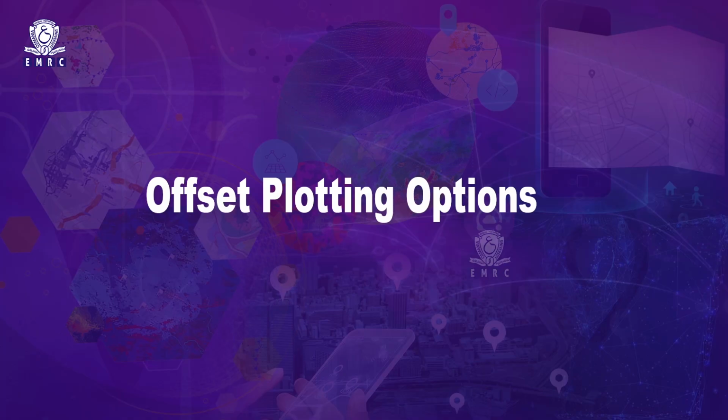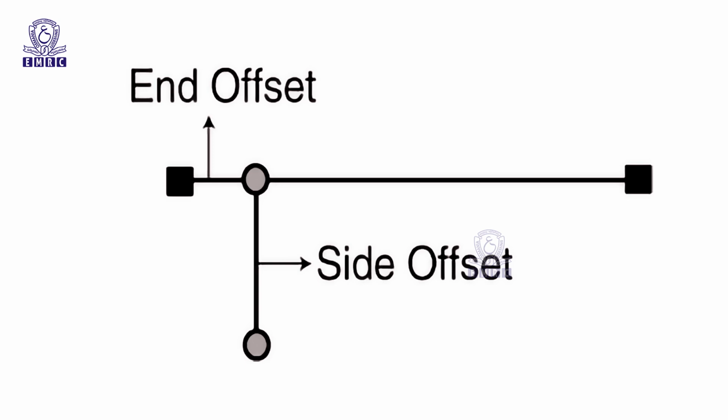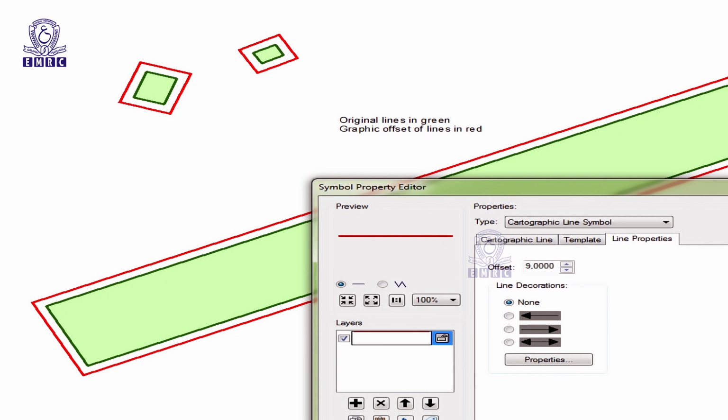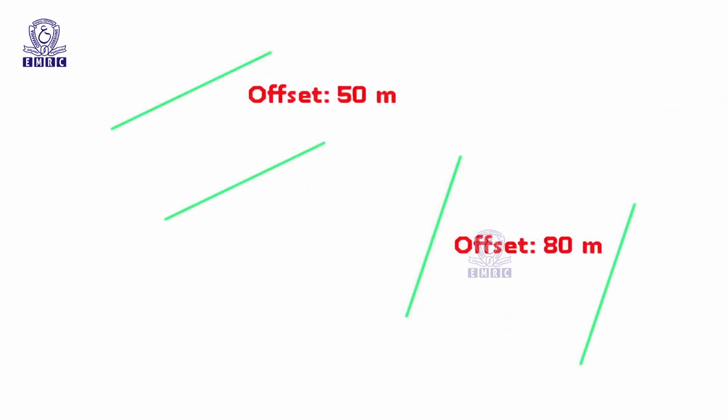Offset plotting options. The side offset and the end offset are options that allow a geocoded address to be plotted away from its interpolated location along its street segment. The side offset places a geocoded point a specified distance from the side of a street segment.